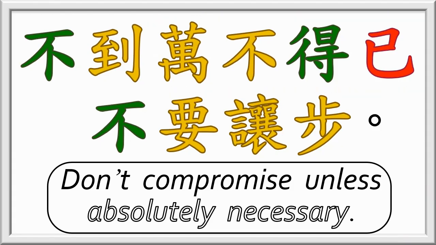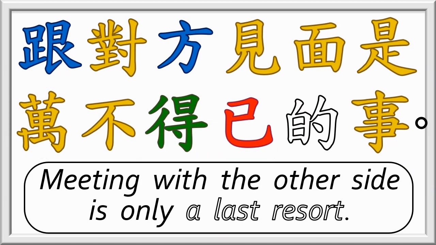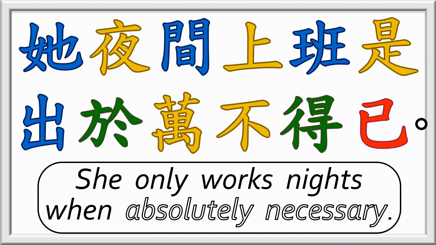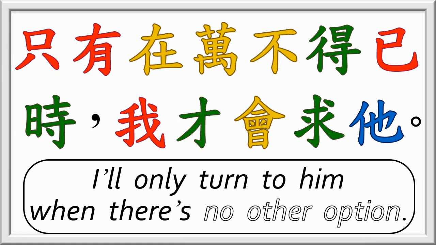不到万不得已，不要让步. Don't compromise unless absolutely necessary. 跟对方见面是万不得已的事. Meeting with the other side is only a last resort. 他夜间上班是出于万不得已. She only works nights when absolutely necessary. 只有在万不得已时，我才会求他.